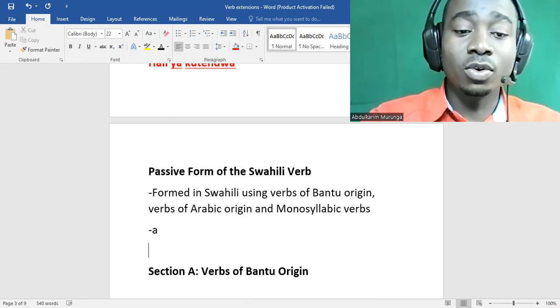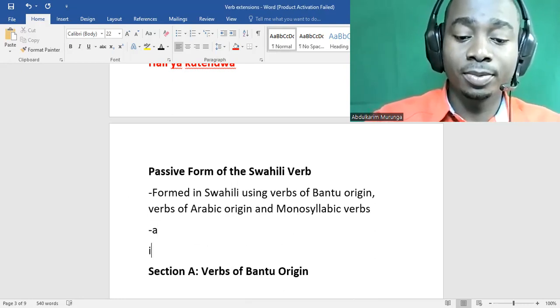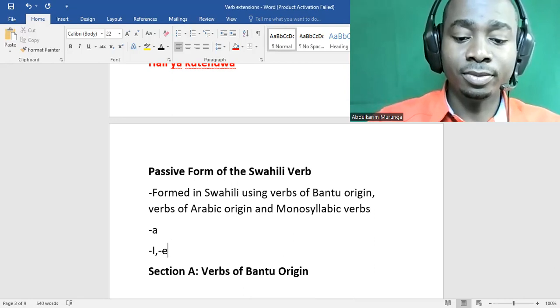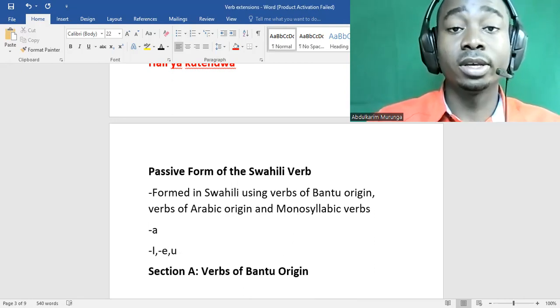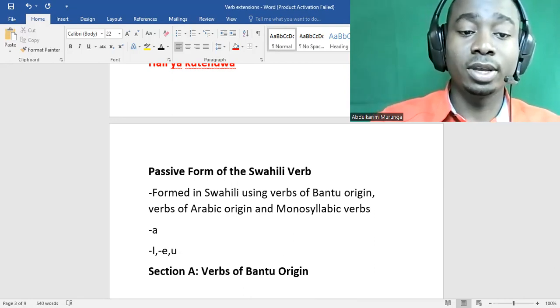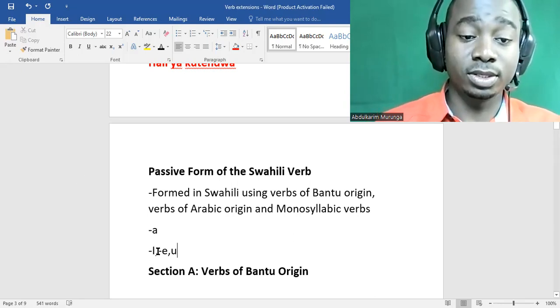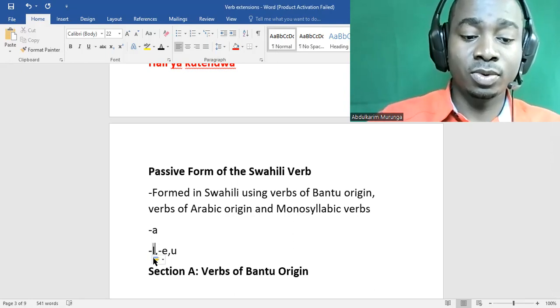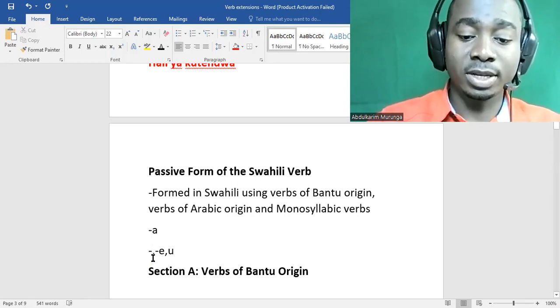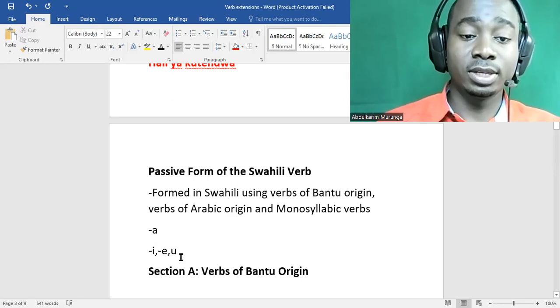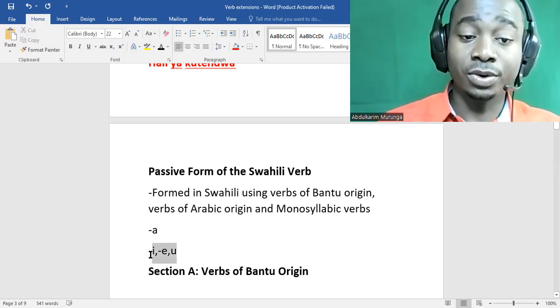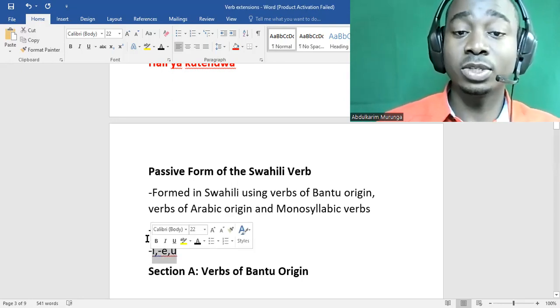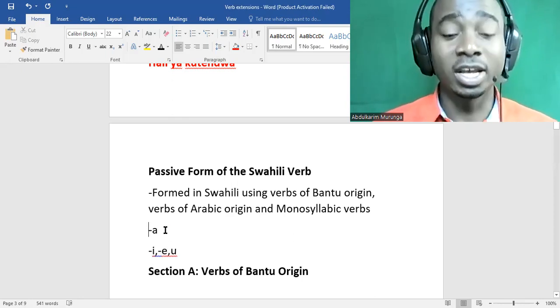So the Arabic origin can end with "e" or "u," okay? So we will see as we continue with the lessons here. These are the verbs of Bantu origin, and this is Arabic, monosyllabic.